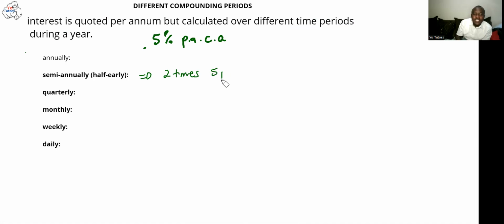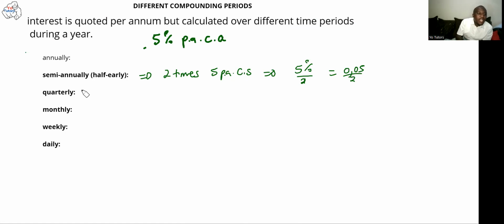So if it's 5% per annum compounded semi-annually, it means that it's 5% over 2, because it's twice a year. So in most cases, it's going to be 0.05 over 2.